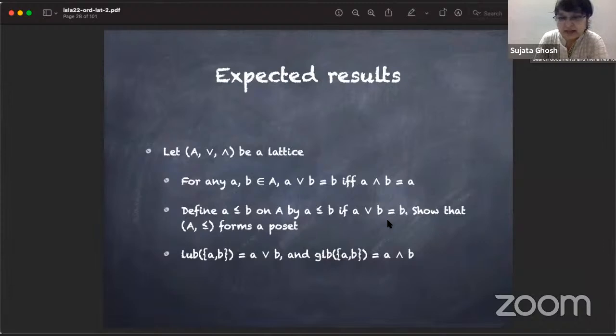Assume that it's a lattice and then try to prove these things. So at least some of them, have you got the first one? Second one? Okay, great. So let's continue.